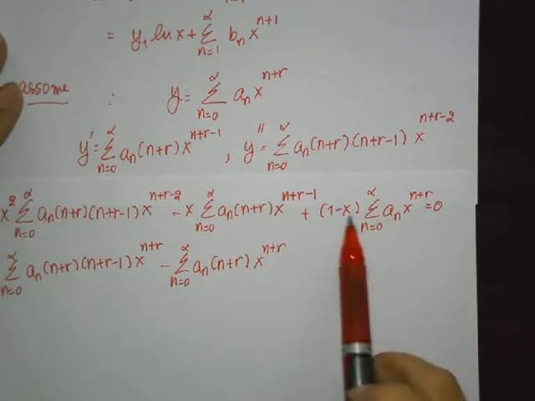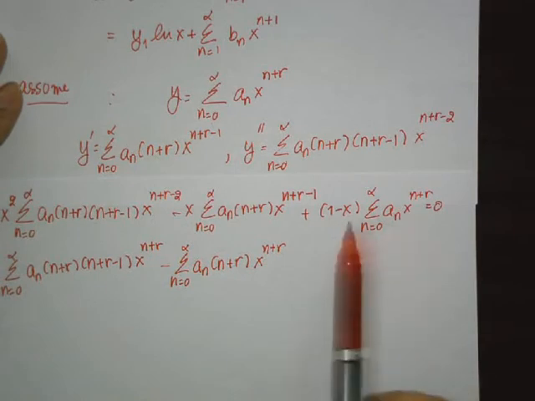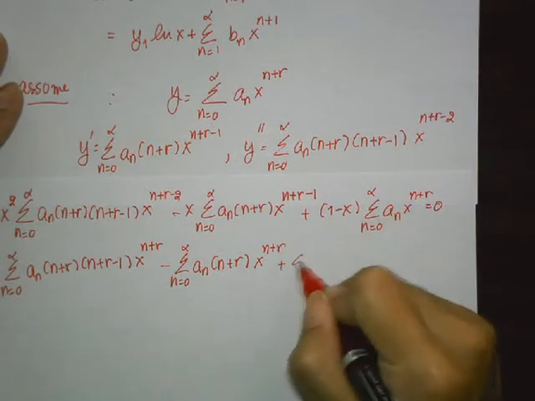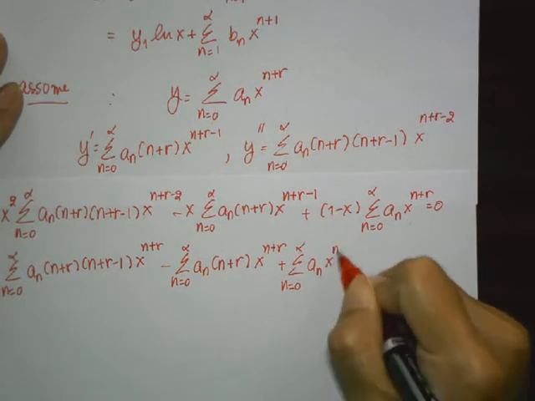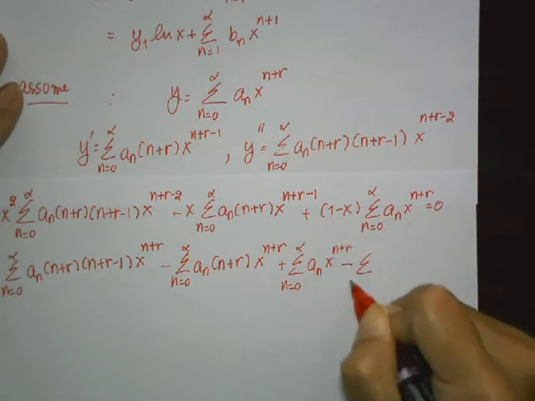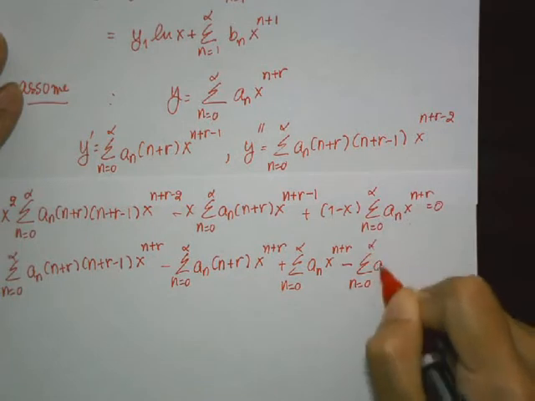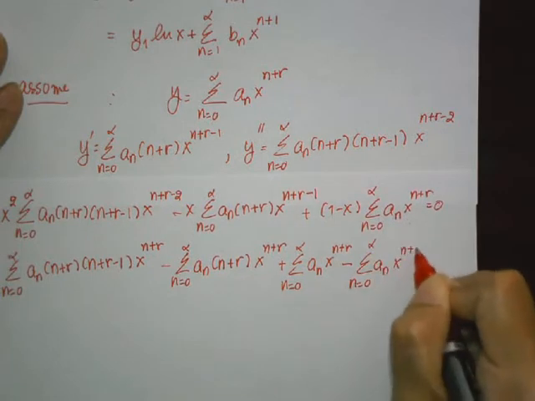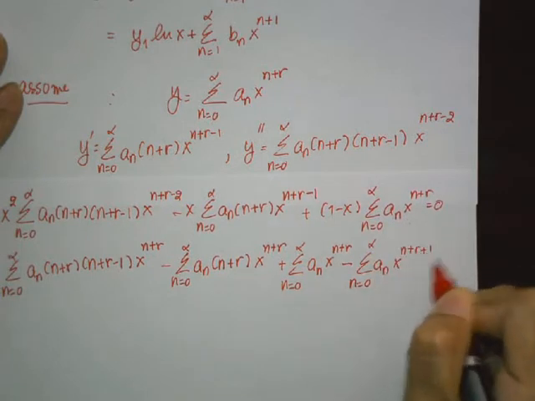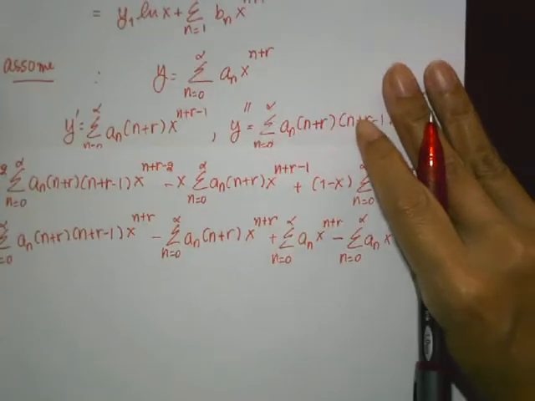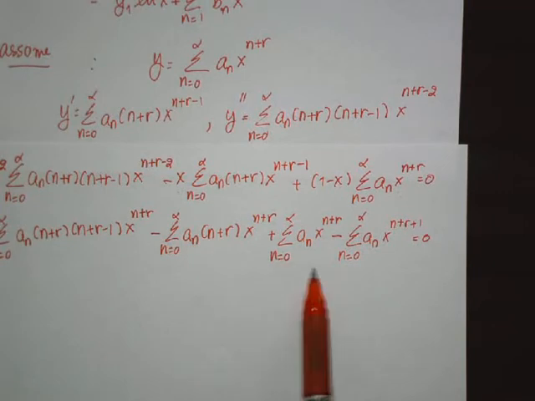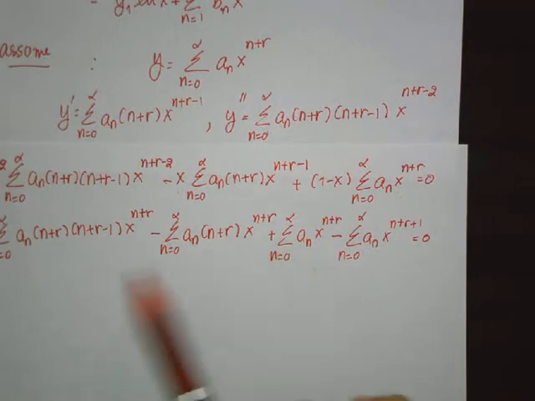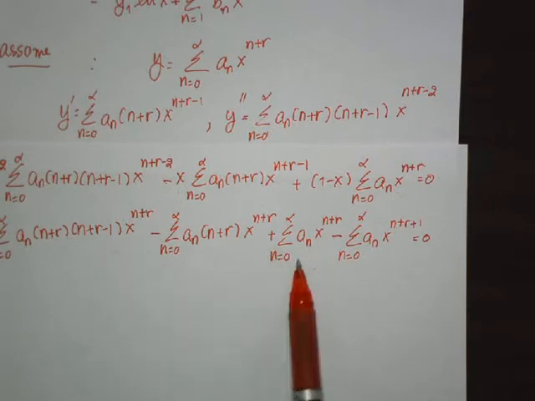And this term, we are going to split into two terms. The first three terms have x to the power n plus r the same, so we are going to group these three terms together.